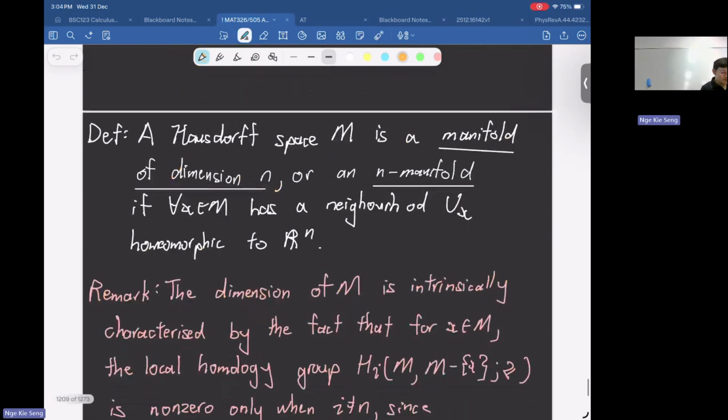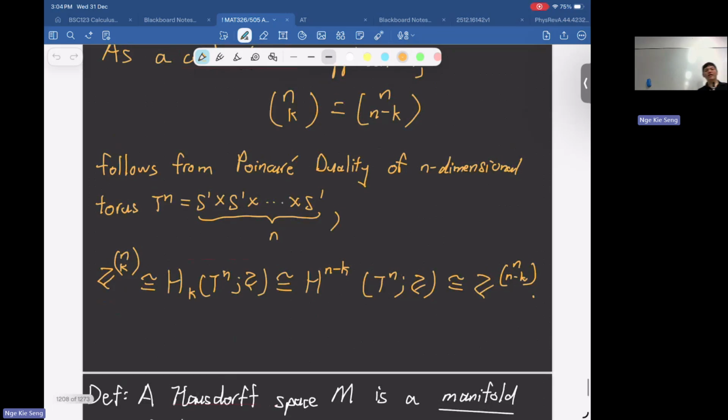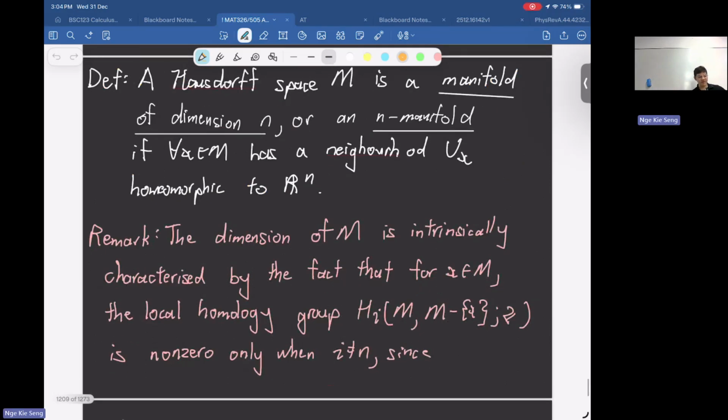Okay, so now we will make precise what is a manifold, what is the dimension of the manifold, and what orientation means, using homology. See whether this manifold is the same as your manifold or not, I mean in the differentiable manifold case. The manifolds we consider here are Hausdorff spaces, meaning you can separate 2 points using 2 open sets.